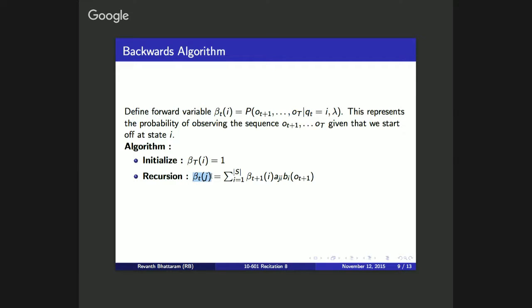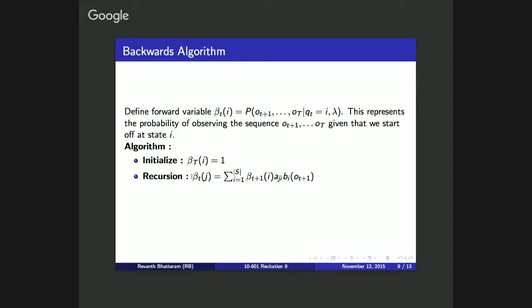So the recursion that we define over here is going to look something like this. Now I'm interested in looking at, at time step t, I'm at state j. What is the probability that I'm going to observe OT plus 1, OT plus 2, and OT plus 3?